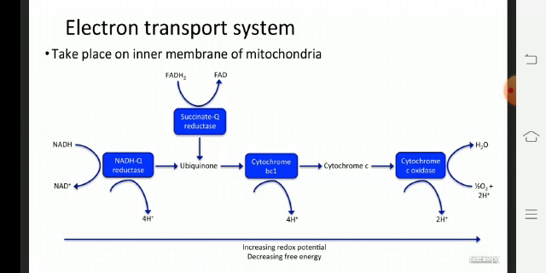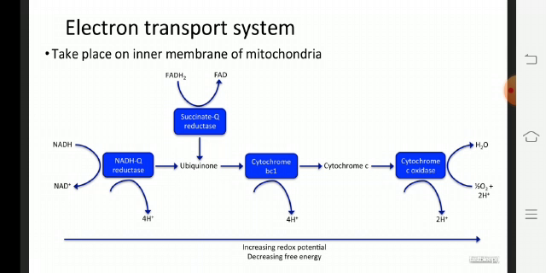So there will be a movement of electrons, and finally those electrons are accepted by the terminal electron acceptor, which is nothing but oxygen. Therefore, it is said to be terminal oxidation that results in the formation of a molecule of water.